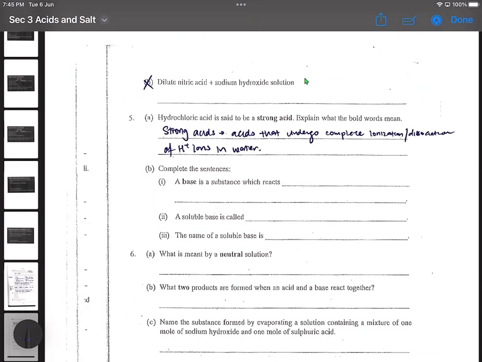So for the other strong acids in the syllabus, we say that other than hydrochloric, we have only nitric acid and H2SO4. All other acids, we say that they are weak.